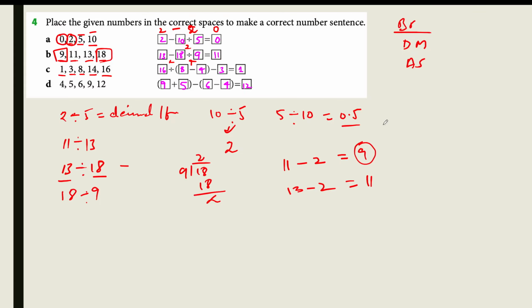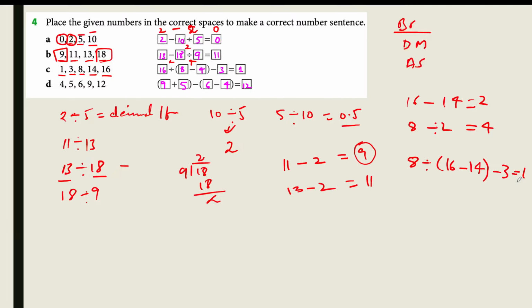This is the correct option, but let's say if we do 16 minus 14, it will give us 2. Then we do 8 divided by 2, it gives us 4. So if our equation becomes 8 divided by 16 minus 14, and then minus 3, equal to 1.